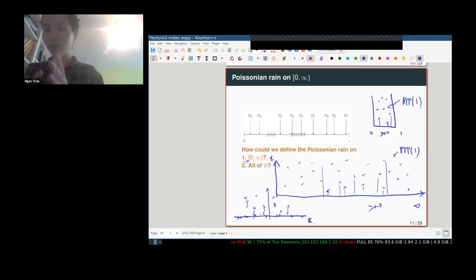And if you look into a small window, you can zoom in and zoom out, and you see the same thing in distribution.